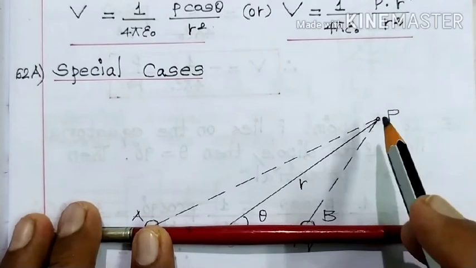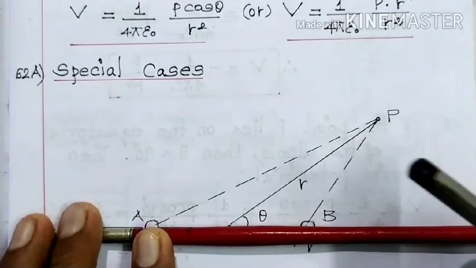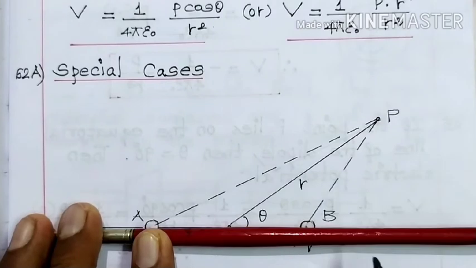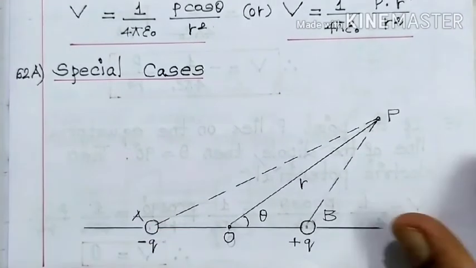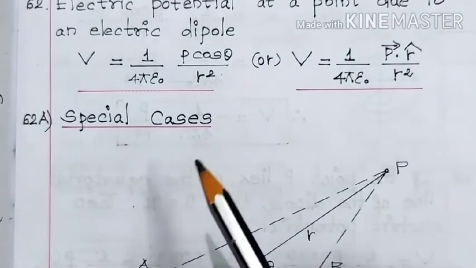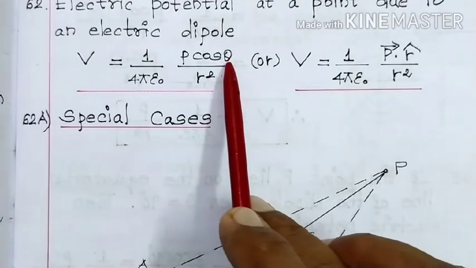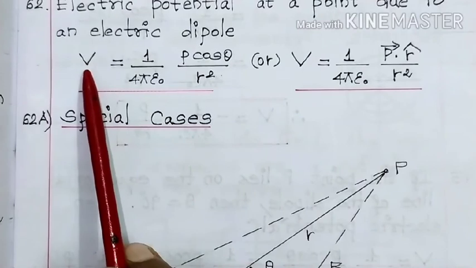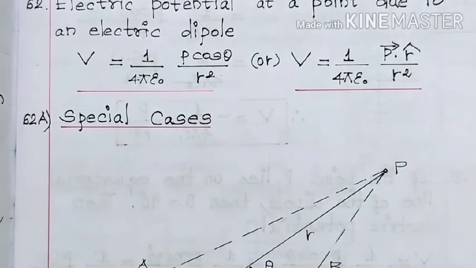What is the angle between this axial line and this line? It becomes 0. So when we substitute 0 over here, cos 0, what is the value of cos 0? 1. Then this expression will become V is equal to 1 by 4 pi epsilon naught P by R square.